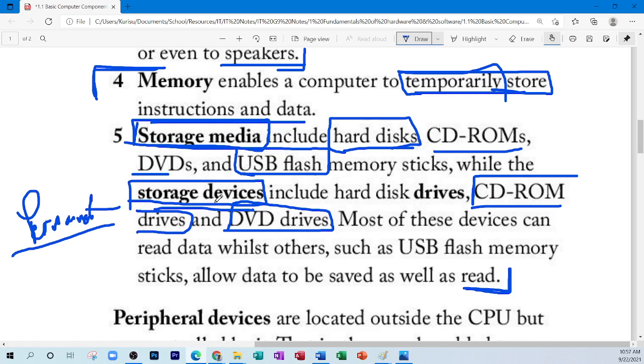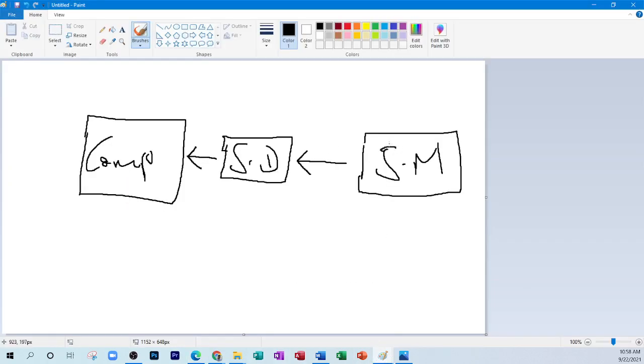But the computer itself is going to have that storage device to facilitate the communication, or even the storage media itself sometimes can have that storage device. But either way, whatever the storage media is, if it's a CD, it needs a storage device, in this case a CD drive. And that's how it communicates with your computer.